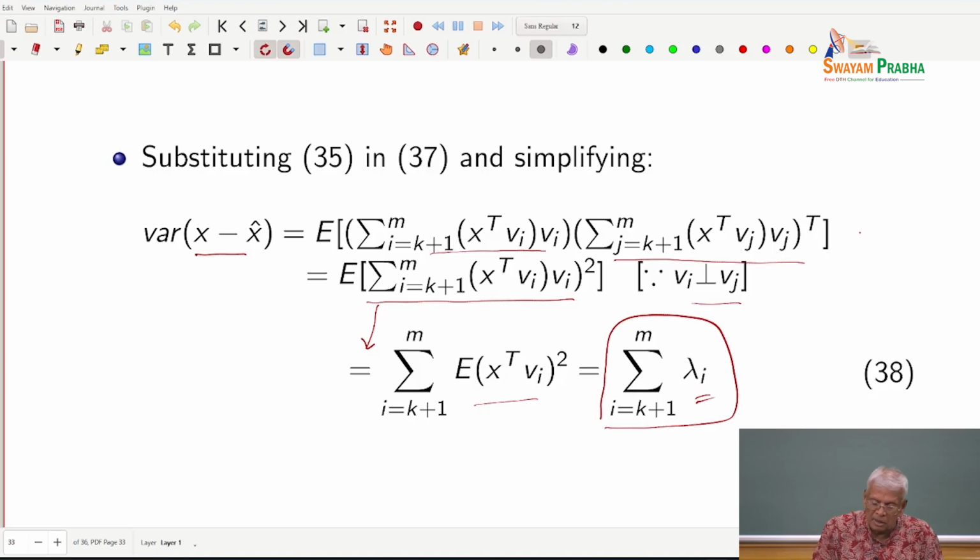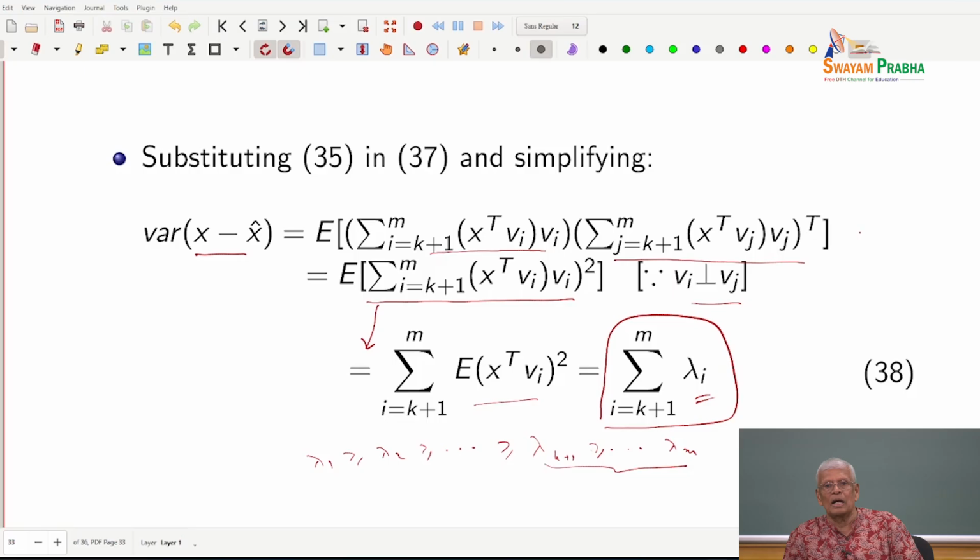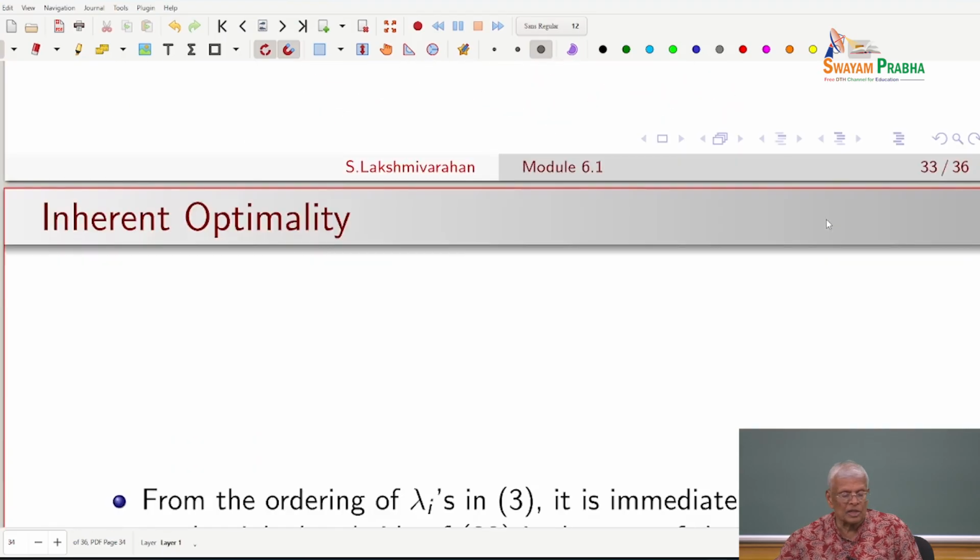And please remember, we have lambda 1 greater than or equal to lambda 2 greater than or equal to lambda k plus 1, all greater than or equal to lambda m. So this is the sum of the least m minus k eigenvalues. So the least m minus k eigenvalues has an inherent optimality associated with it, and that accounts for the variance of the error.